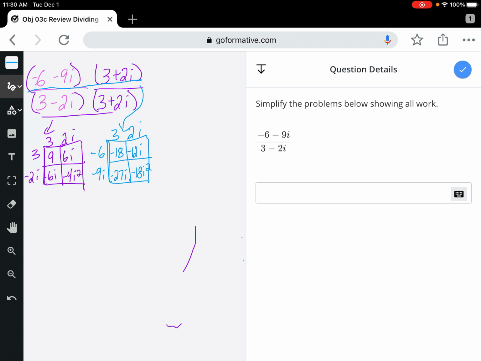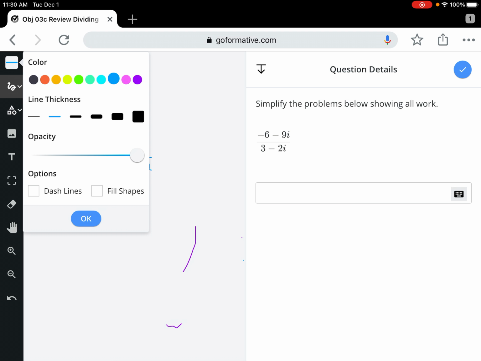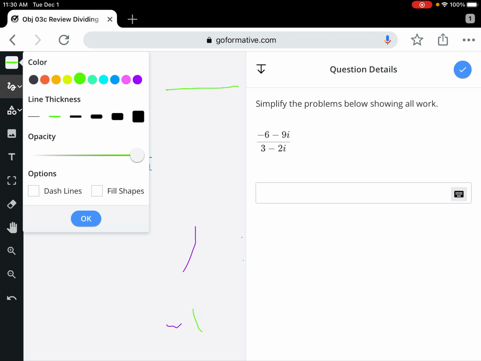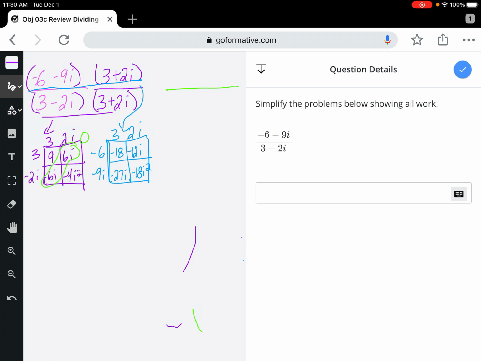squared. So in my fraction, I know these added to be 0. So those added to be 0.